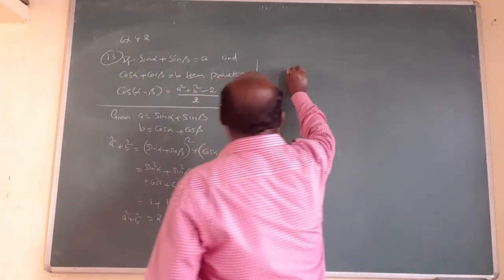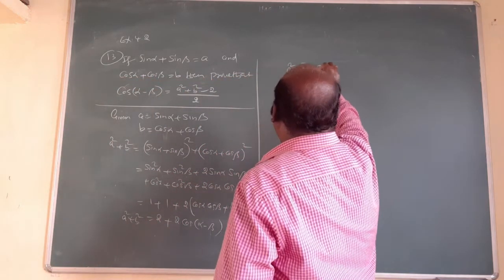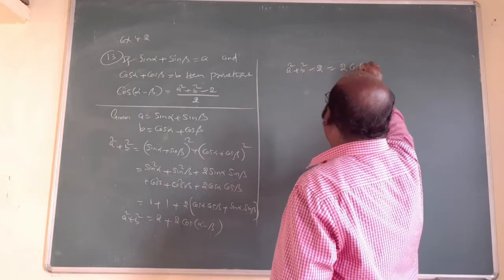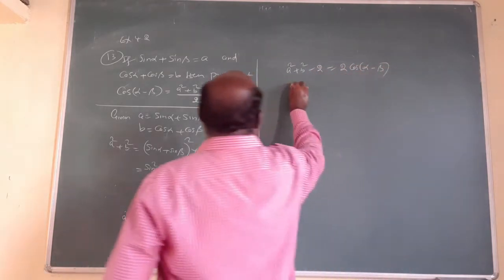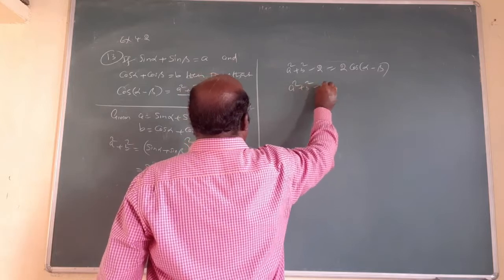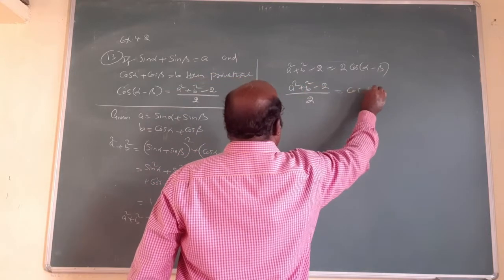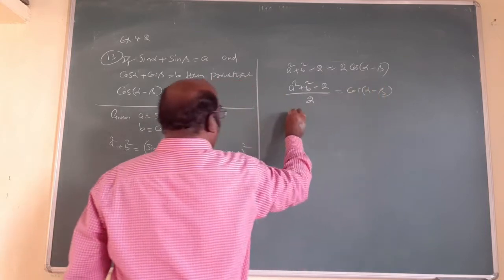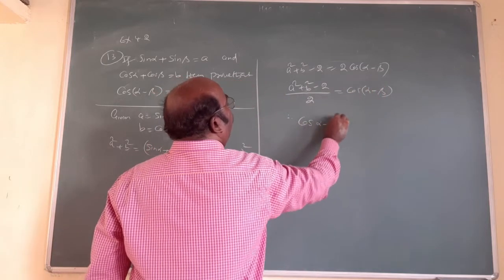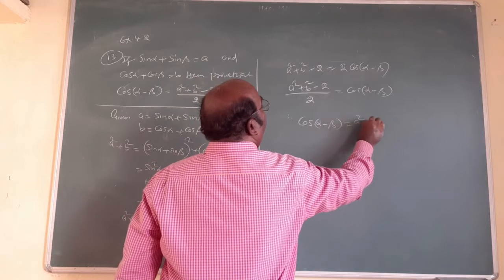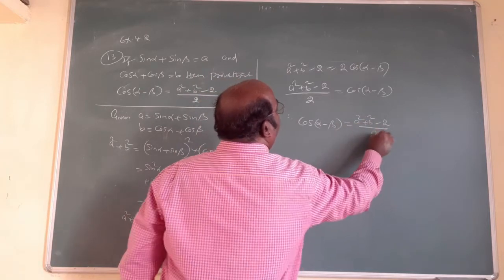Now, A square plus B square minus 2 equals 2 into cos of alpha minus beta. Again, cross multiply by 2: cos of alpha minus beta equals (A square plus B square minus 2) by 2. That is the answer.